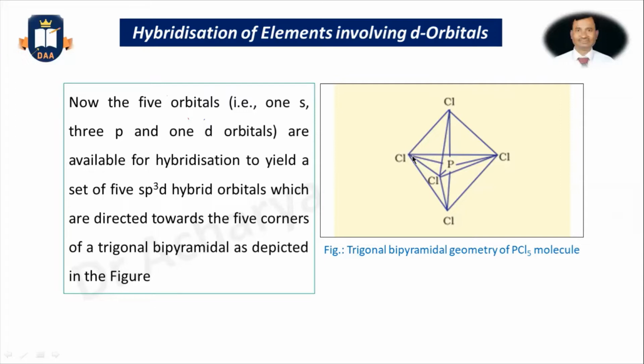Trigonal, because this position you can see is the equatorial position and this is the axial position. So in the equatorial position, 3 bonds are there, and in the axial position, 2 bonds are there between P and Cl. They are sigma bonds.